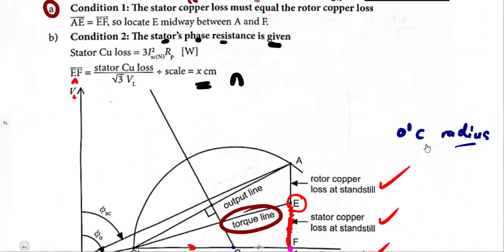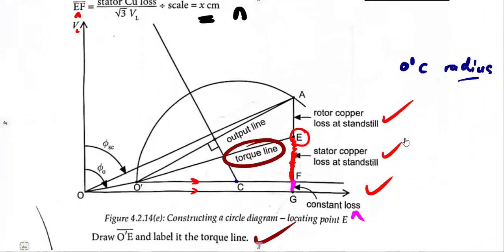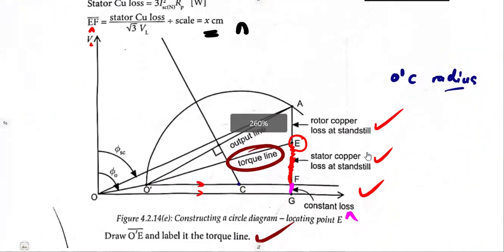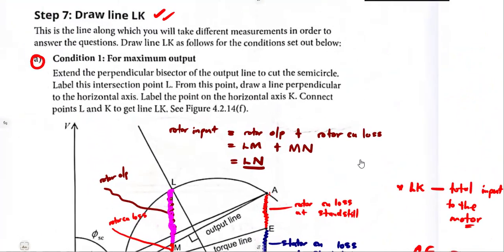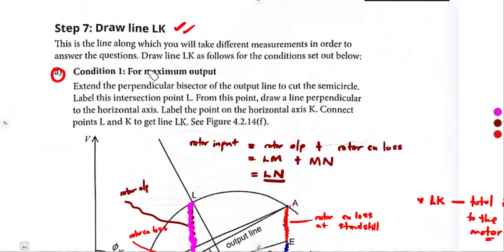I am going to explain it when we have such a question. So we have got our torque line. Now the last part is to determine and draw the line LK.